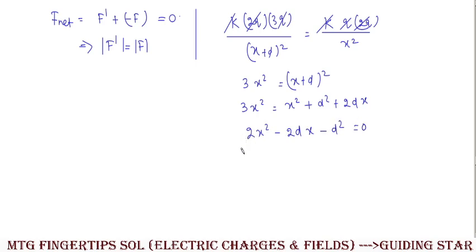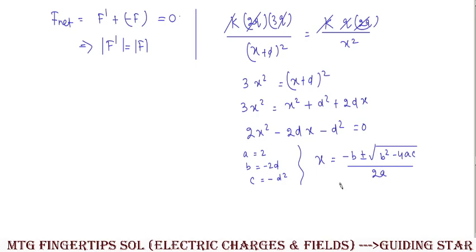So in this particular case, let a be 2, b equal to minus 2d, and c equal to minus d square. So if we want to find out the roots, x equal to roots of the equation is minus b plus or minus under root b square minus 4ac whole divided by 2a.